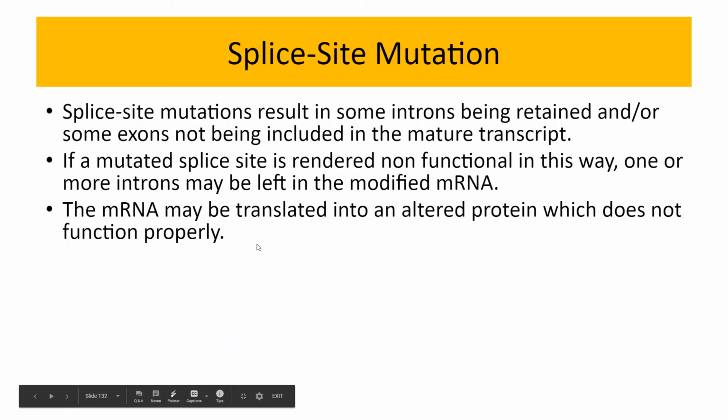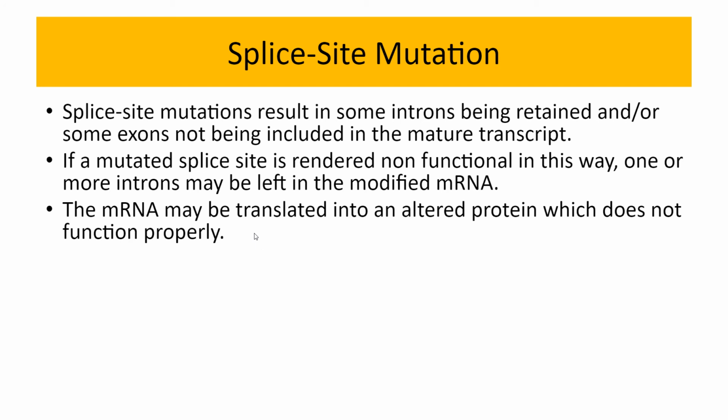The third type of substitution mutation is this one here, a splice site mutation. Now, it says splice site mutations result in some introns being retained and/or some exons not being included in the mature transcript.